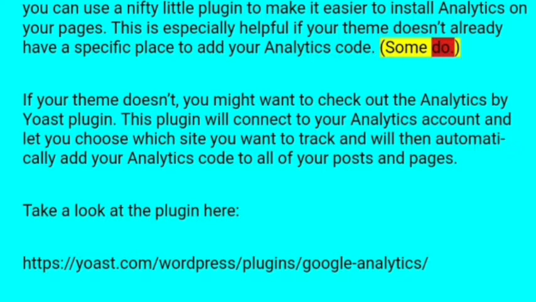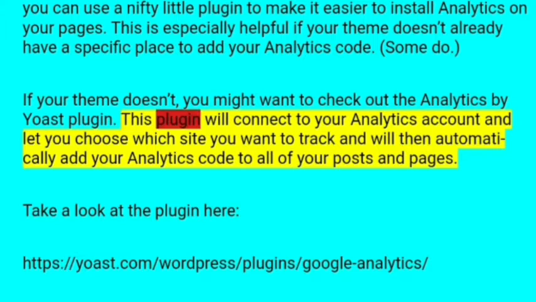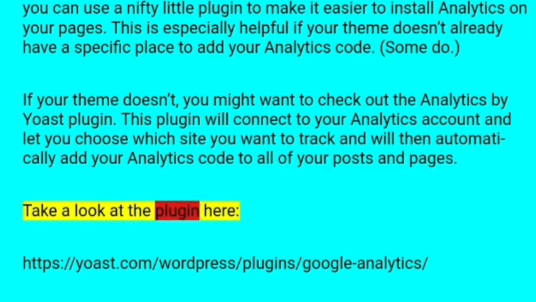Some do. If your theme doesn't, you might want to check out the Analytics plugin. This plugin will connect to your Analytics account and let you choose which site you want to track, and will then automatically add your Analytics code to all of your posts and pages. Take a look at the plugin here.